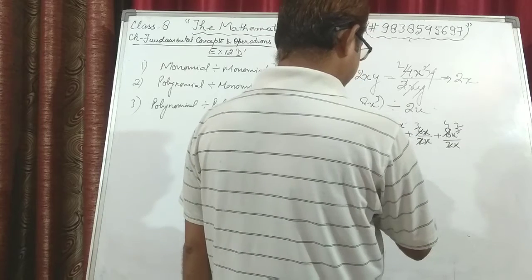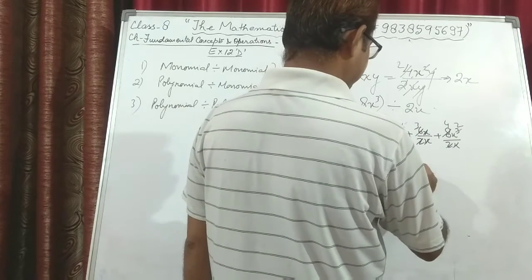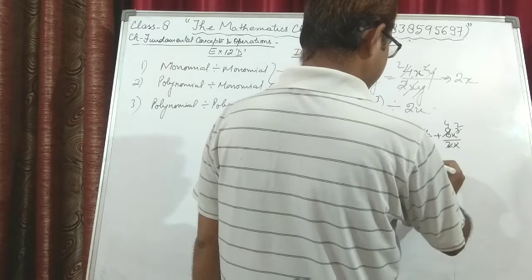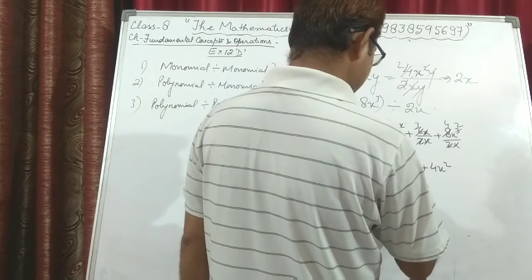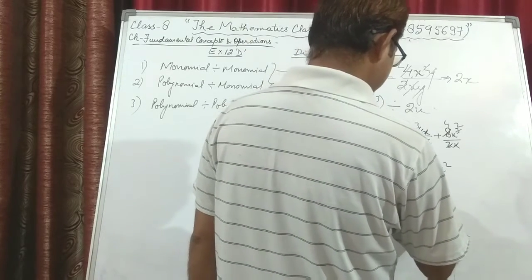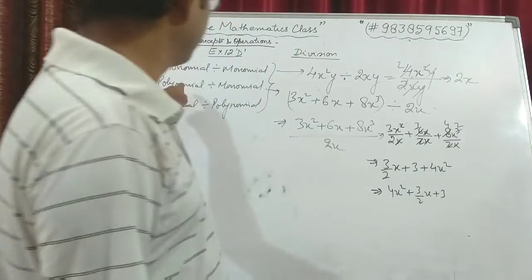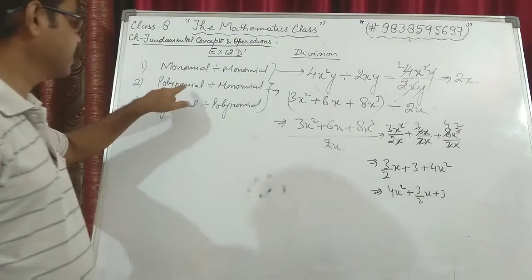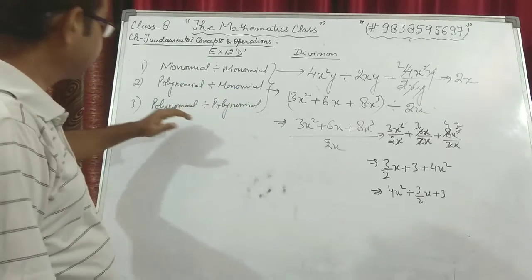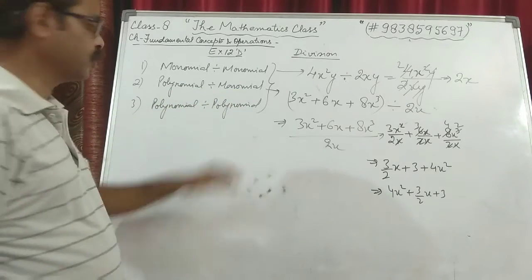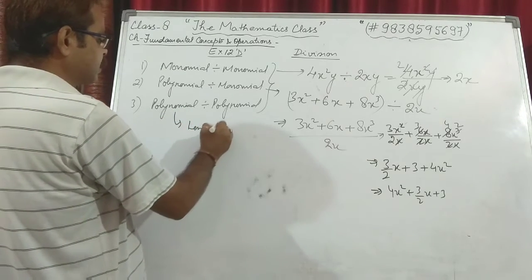So the final value you can get is 3 upon 2x plus 3 plus 4x square, or that can be written as 4x square plus 3 upon 2x plus 3. This is when a polynomial is divided by a monomial. And when a polynomial is divided by a polynomial, we follow the long division method.